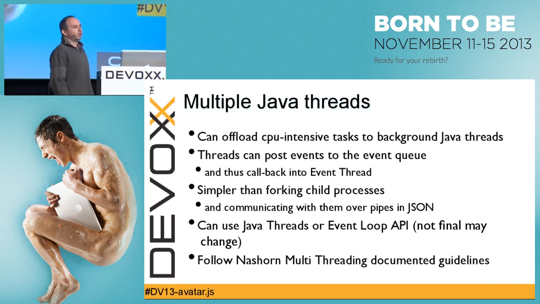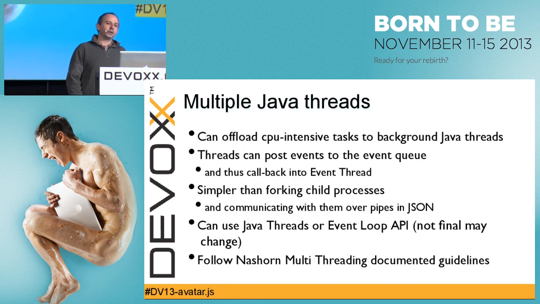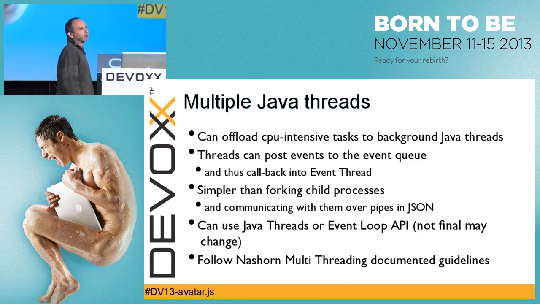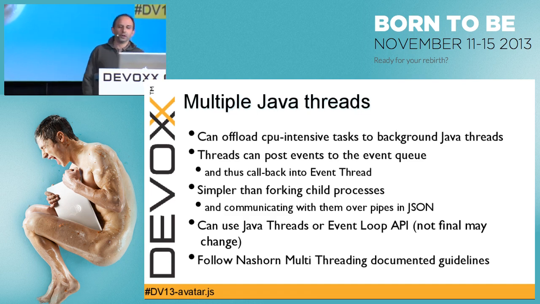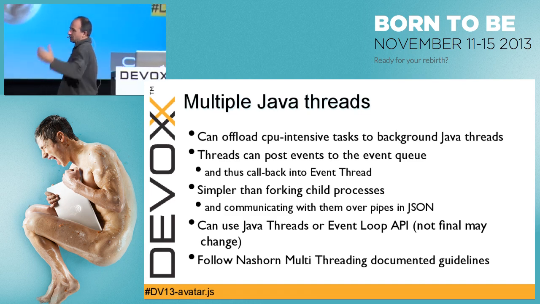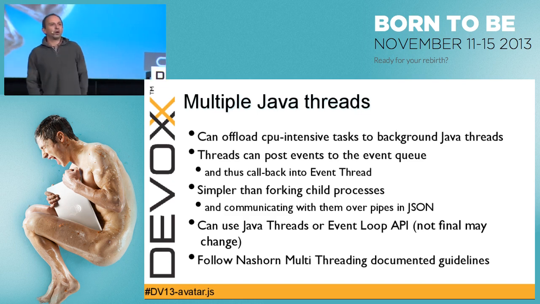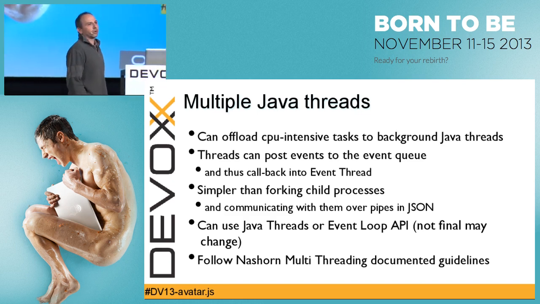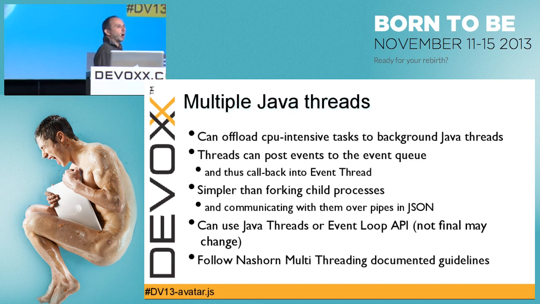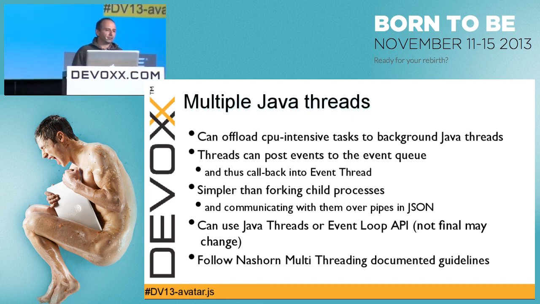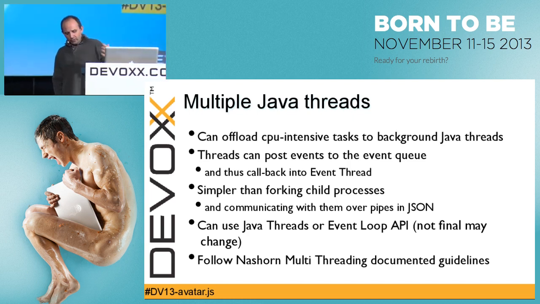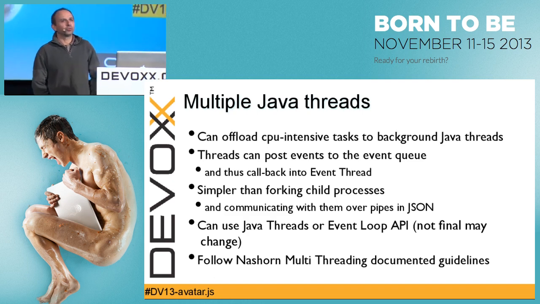So why is multi-threading important? When doing server-side, we are all doing that. At some point, you want to offload the main thread because you have long-running activities, you want to access a database, you have highly intensive computation. So it's very natural to start threads there.